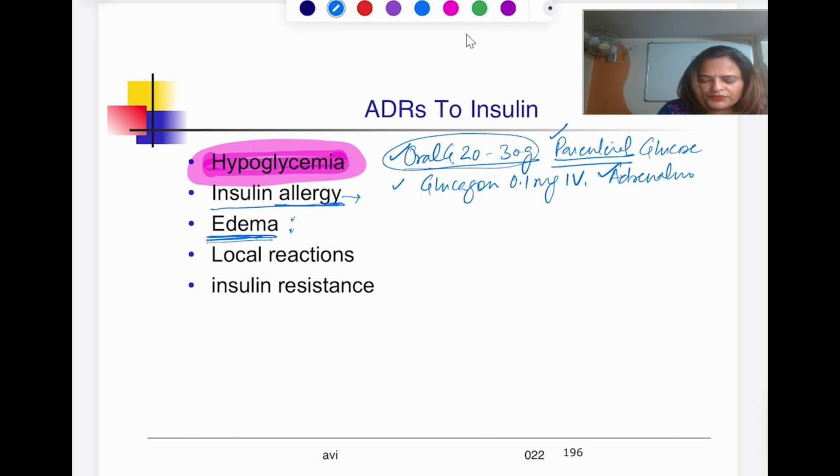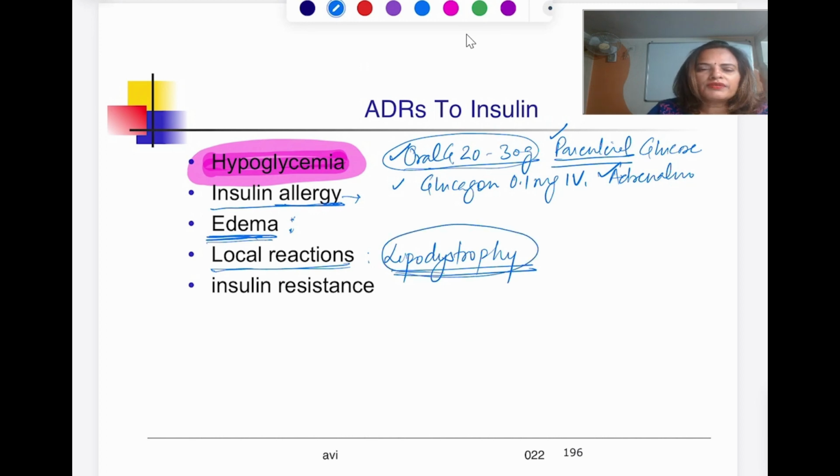Then local reaction, the most important local reaction is lipodystrophy or disfigurement. This is also mostly seen with the conventional preparation.